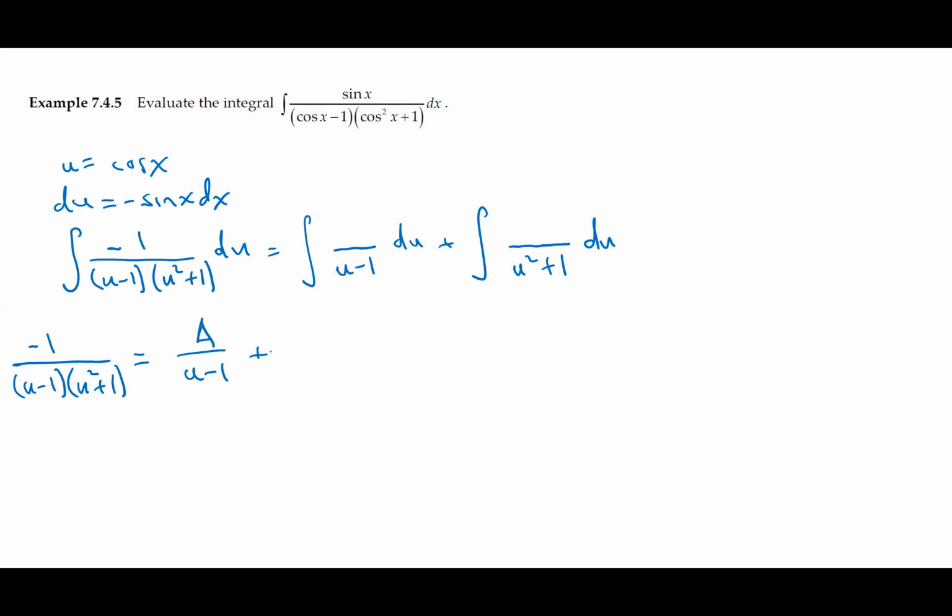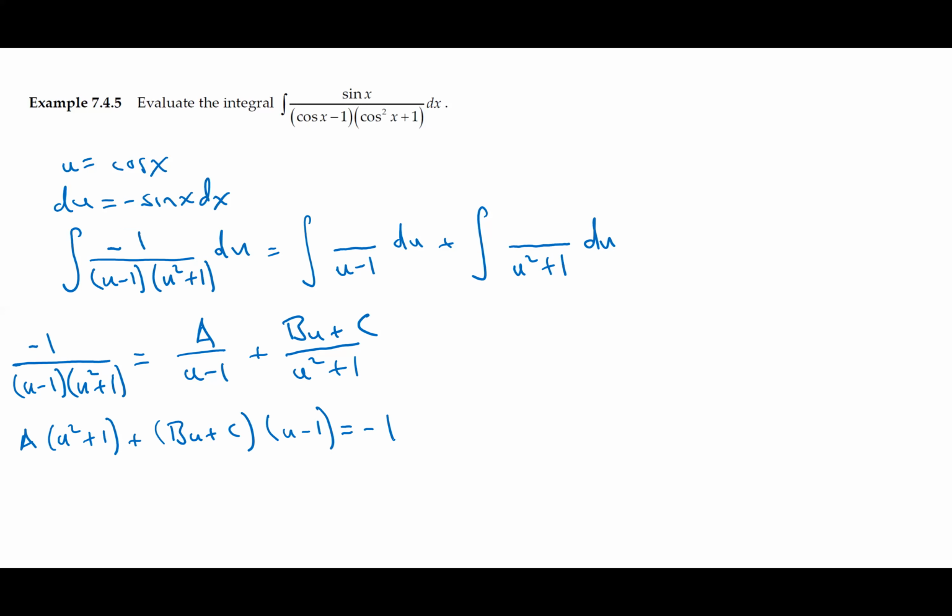And then u squared plus 1 is quadratic, so that numerator could be Bu plus C. Okay. And now we proceed. So A times u squared plus 1 plus Bu plus C times u minus 1 is equal to -1.